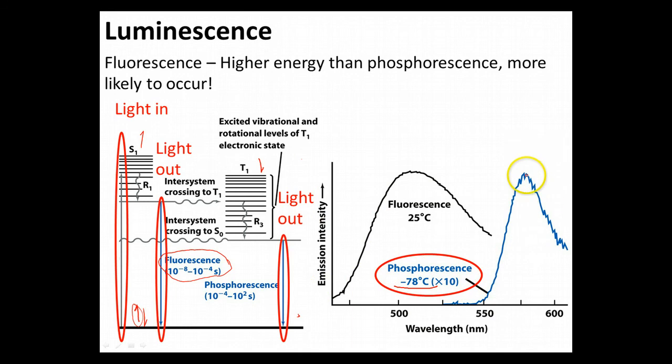So keep in mind that we've had to amplify this 10x in order for it to be very visible. So in reality, if we want it to be on the same axis, the intensity is going to look kind of like this compared to what you see for the fluorescence profile. And that's still after we've cooled it down so much that we can get it amplified enough to be on scale at all and observable.